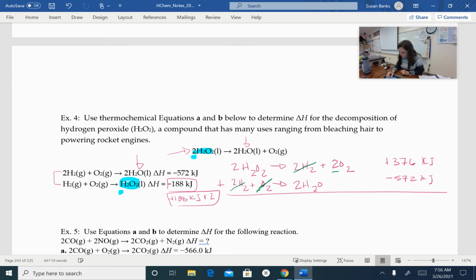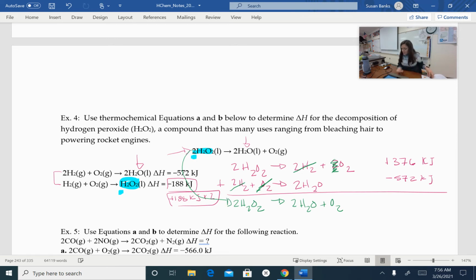What I have left is, on the reactant side, the 2 hydrogen peroxides, and on the product side, 2 waters and 1 oxygen. Does that give me the equation that I wanted?